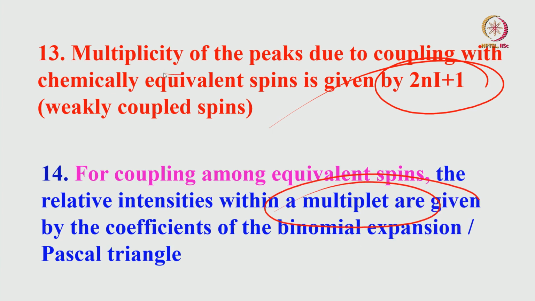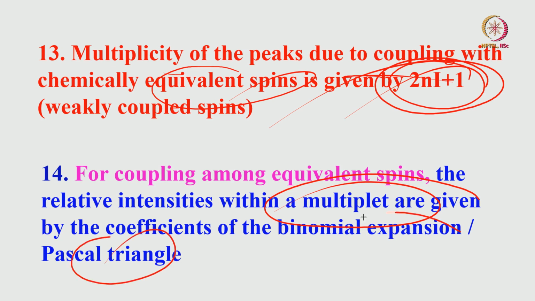For chemically equivalent spins there is multiplicity because of 2nI plus 1, and I can measure the intensity of each of these peaks, which is given by what is called the Pascal triangle or the coefficients of binomial expansion. When we go ahead further we will discuss that. I will explain everything in detail.